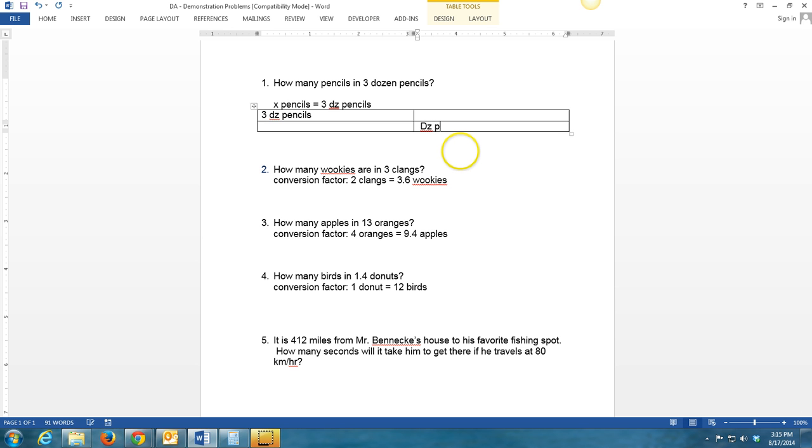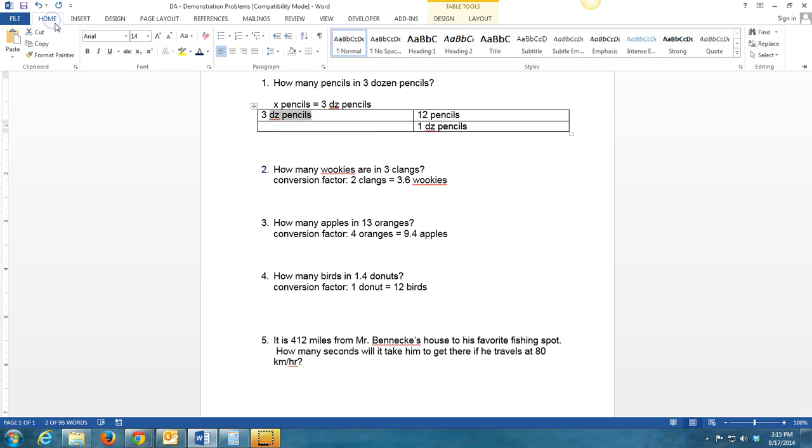I have to put dozen pencils, and Word automatically is going to put in an uppercase letter for me. But I know that 1 dozen pencils has how many pencils? You should all know that there are 12 things in a dozen. Now if we look at this, my units of dozen pencils cancel.